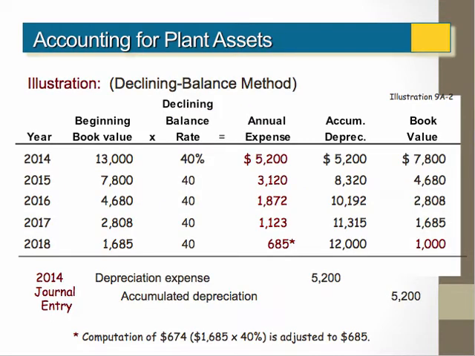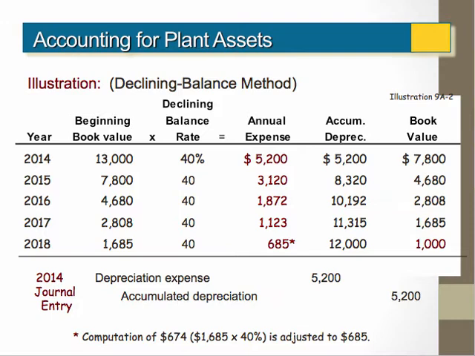So let's take a look here. Same situation as before, a $13,000 asset, and we take the declining balance rate, which was, remember, 1 divided by 5, 5 being the number of years in its useful life, which gives you 20%, times 2 because we're doing double declining balance.